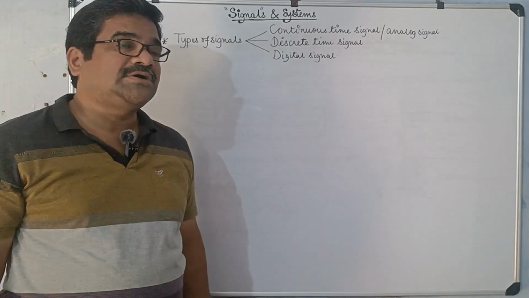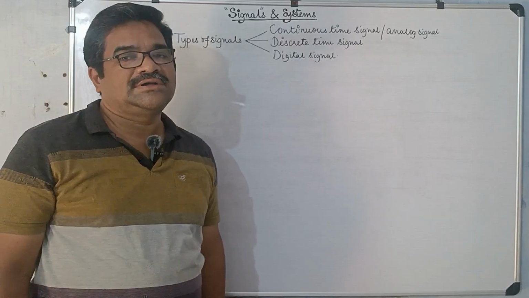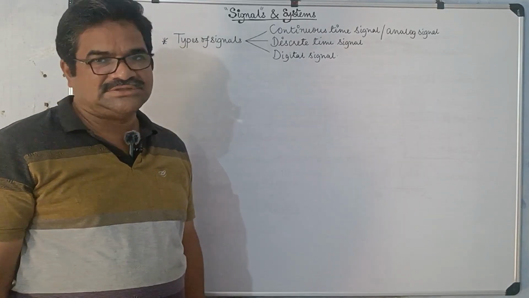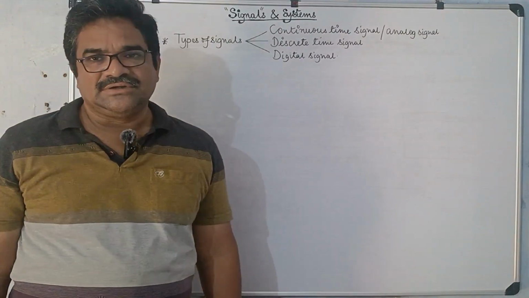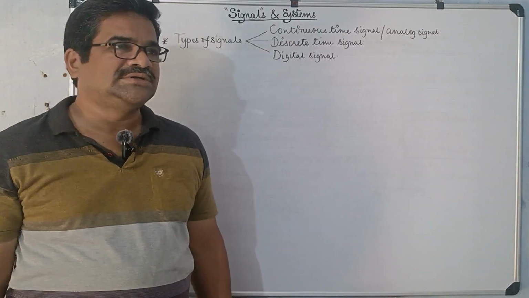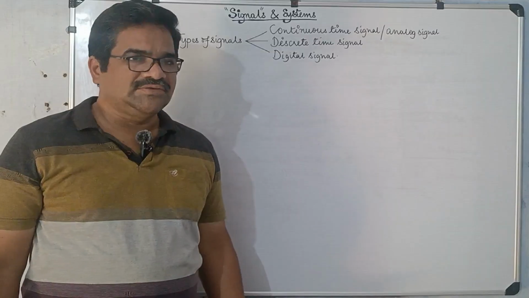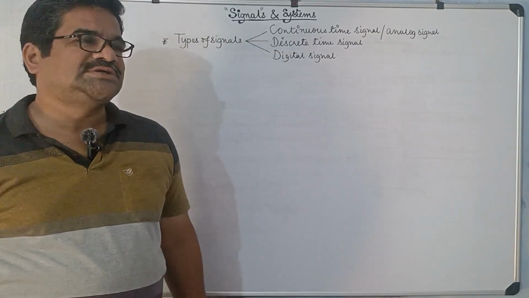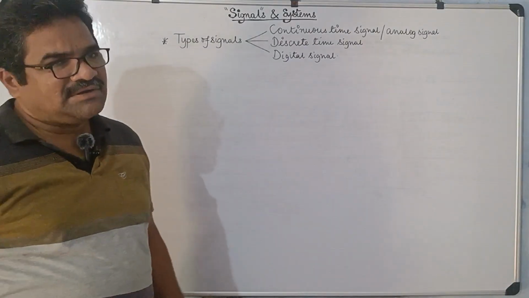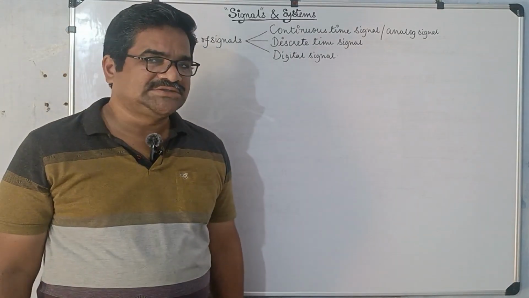So by nature, all the signals are continuous time signals or analog signals. But nowadays we are using almost all digital devices: your mobile phone, your laptop, your TV, etc. All of them are digital devices.